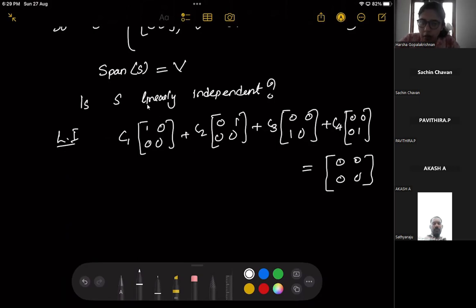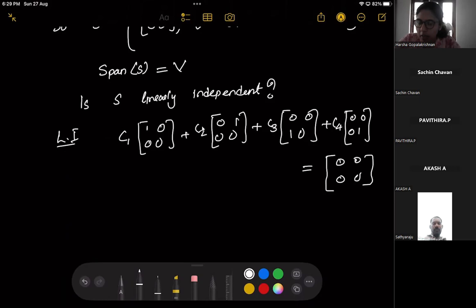Now we are checking whether it is linearly independent or dependent. So we equated C1 times the first matrix, plus C2 times the second matrix, plus C3 times the third matrix, plus C4 times the fourth matrix, equal to the zero vector in the vector space.